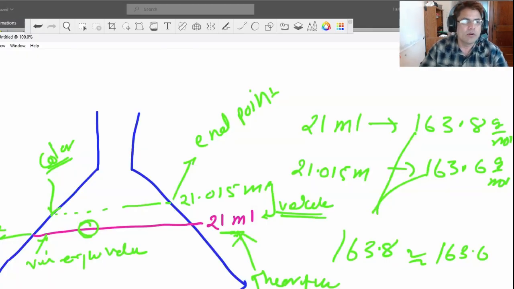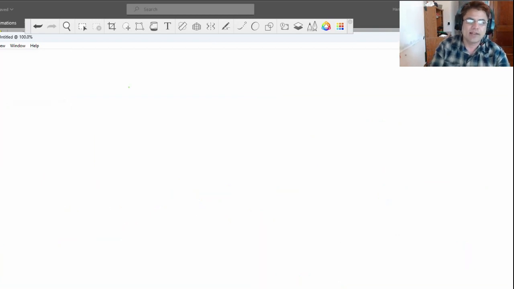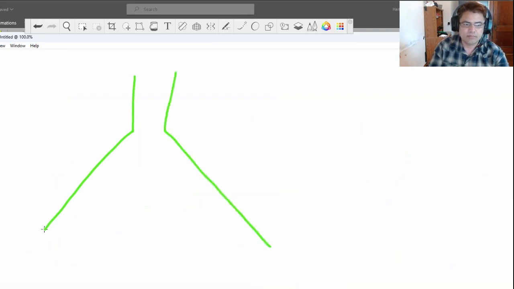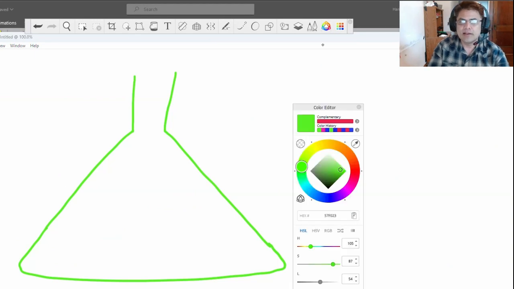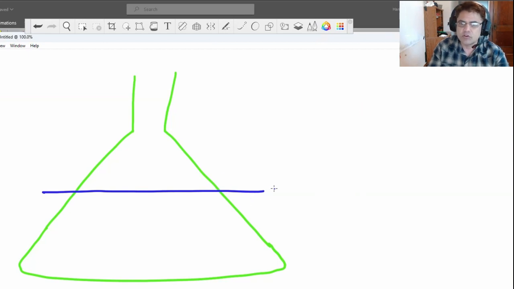Now let's go again: how do you know you are very close to that? Let's plot that again. Let's draw that again. How do you know that you are very, very close to that? Let me take another color for this end one. Let's say this is the end point. That's your true equivalence point.